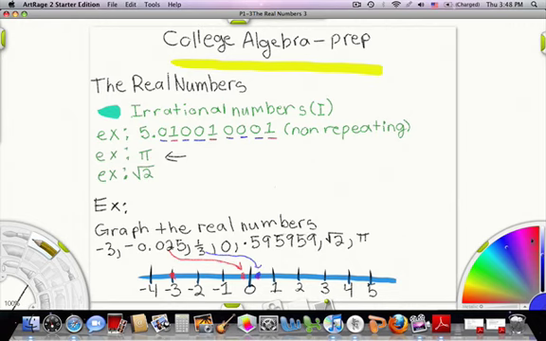Then we have 0 here. Everyone knows where 0 is, so that's an easy one. And next we have 0.595959, which is also another repeating number, so that's a rational number. And where is that going to be located? That's going to be located around about right here, roughly around 0.6.